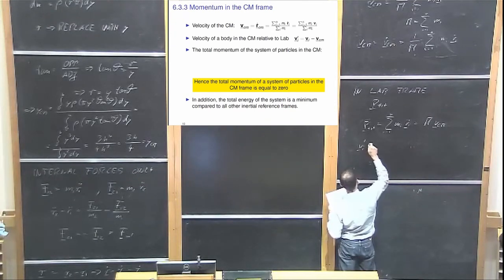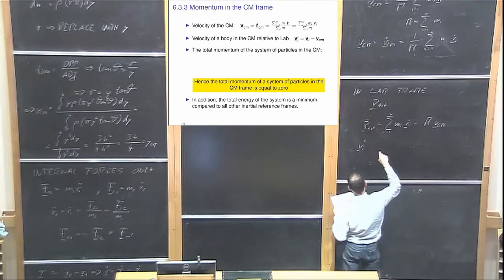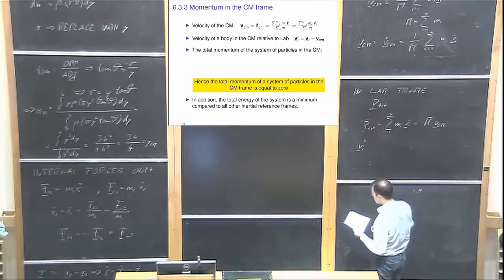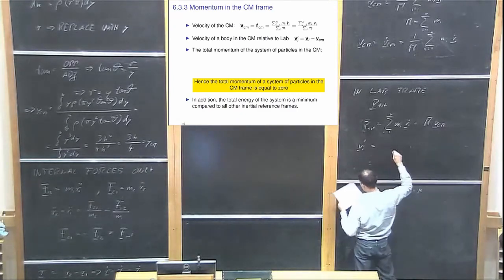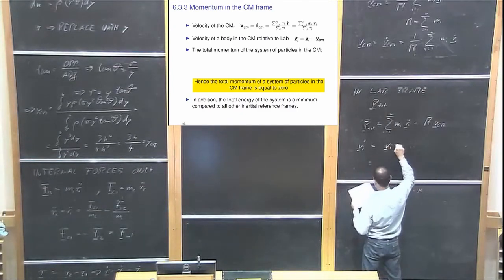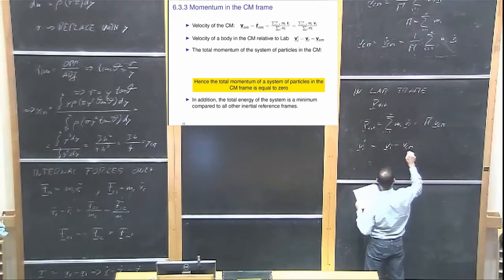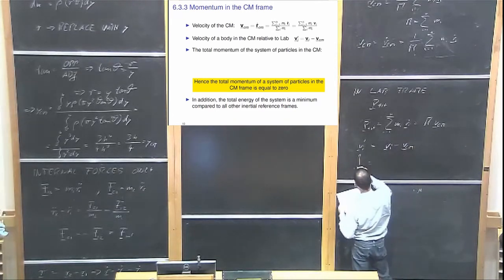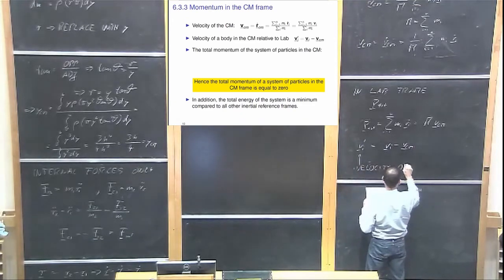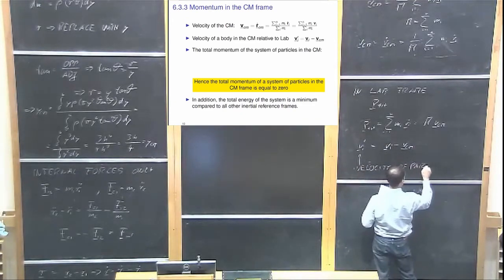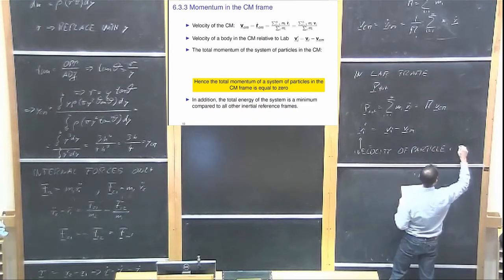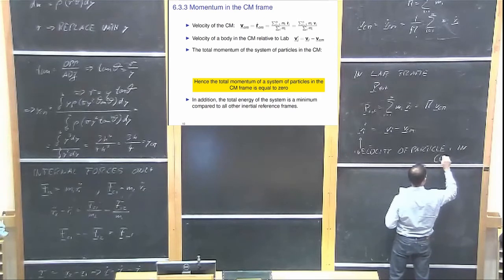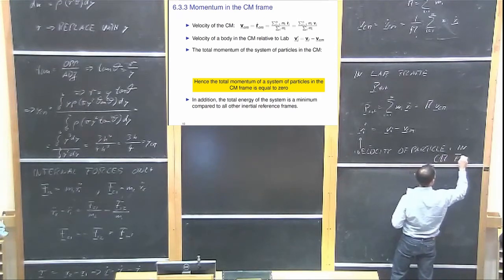That's not a derivative with respect to any spatial coordinate, but just the velocity in the center of mass frame, V_i minus V_CM. So this is the velocity of particle i in center of mass frame.